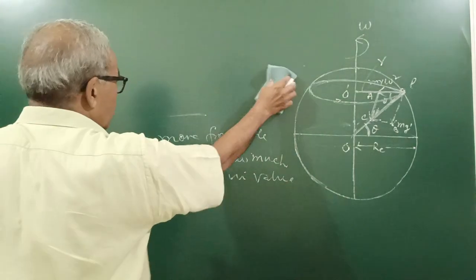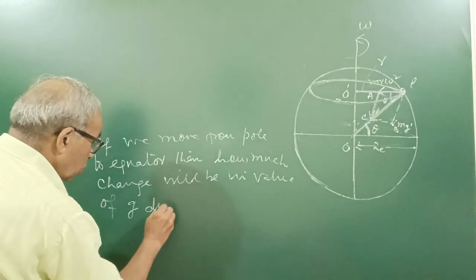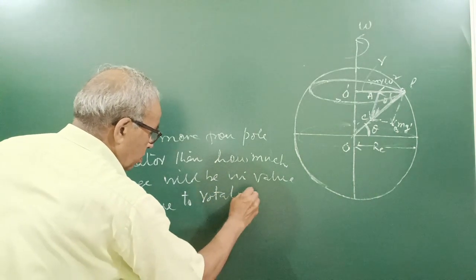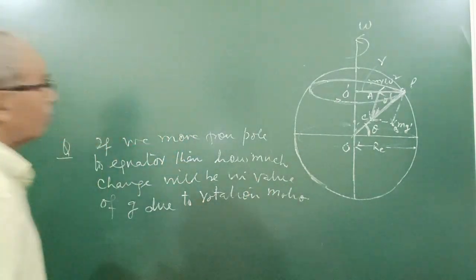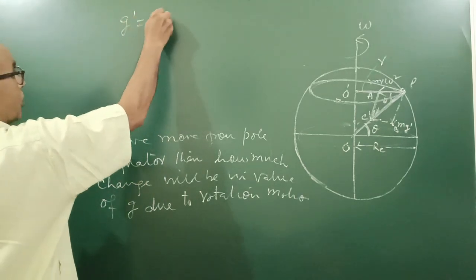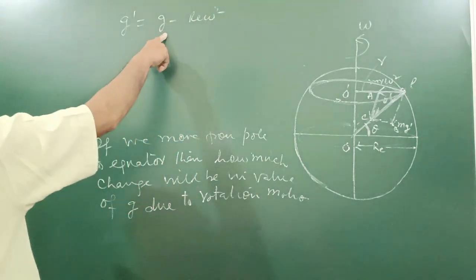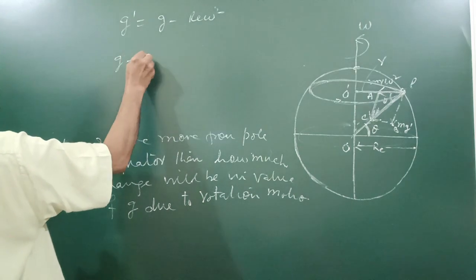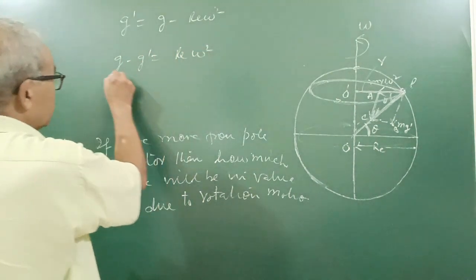Now it is due to rotational motion. So this change you will find: at the equator g dash equals g minus R e omega squared, and g is the value of g here at the poles. So g minus g dash equals R e omega squared is the difference.